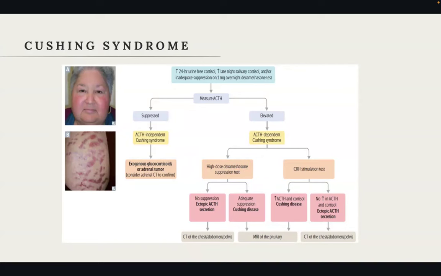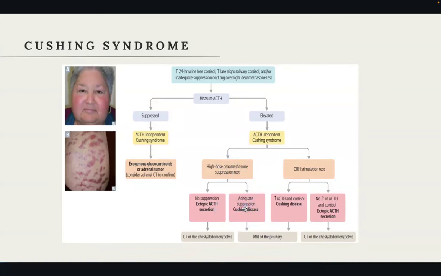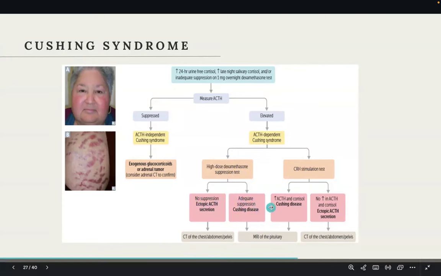Now, if I were to give a high dose, this is going to suppress if I have a tumor in my pituitary. So if I give high dose dexamethasone, it can inhibit my pituitary, and I will inhibit the ACTH. If it is suppressed, then I can confirm that this is Cushing's disease. If it's not suppressed, then it's not acting on the pituitary. Then this is coming from an ectopic source. I hope this made sense.